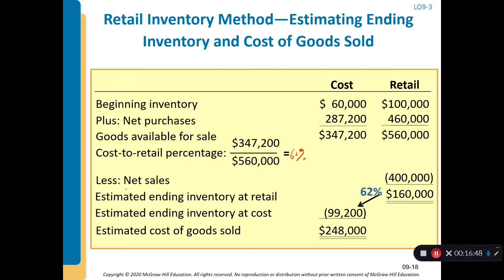And then since we know the net sales is 400,000, the ending inventory at the retail price is going to be 160,000. So to translate the retail price back to cost, we just multiply by the cost to retail percentage, and then we find the cost of the ending inventory is 99,200. Hence, the estimated cost of goods sold is 248,000.